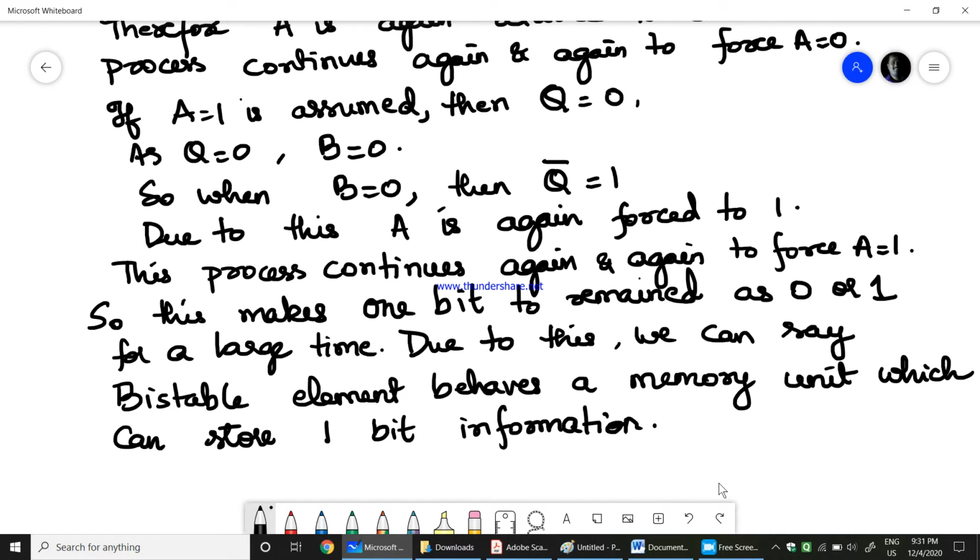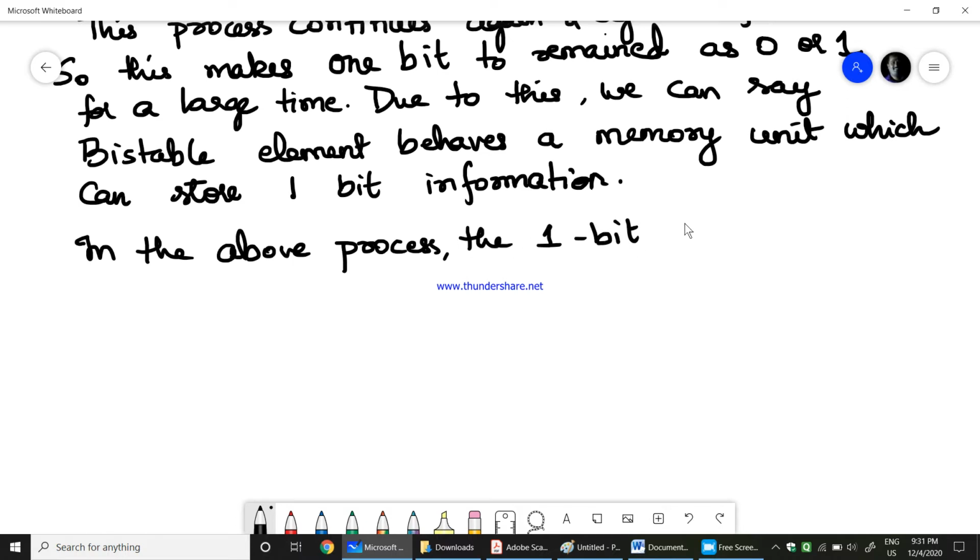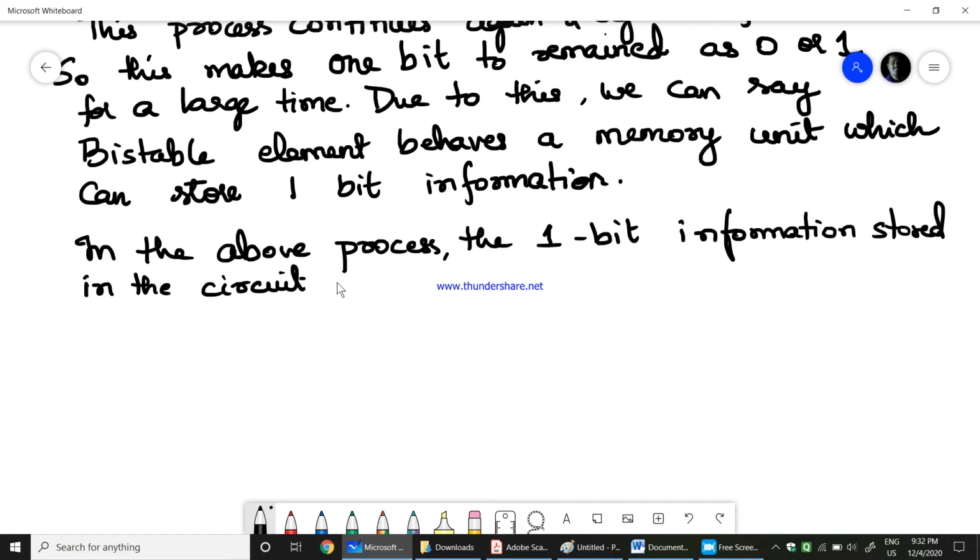Now, what is a latch? What is a latch? Okay, so in the above process, the 1-bit information stored in the circuit is locked or latched.